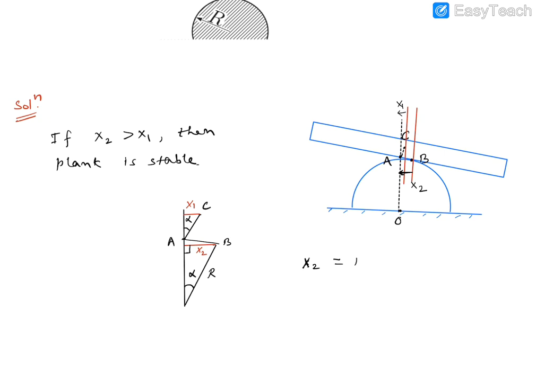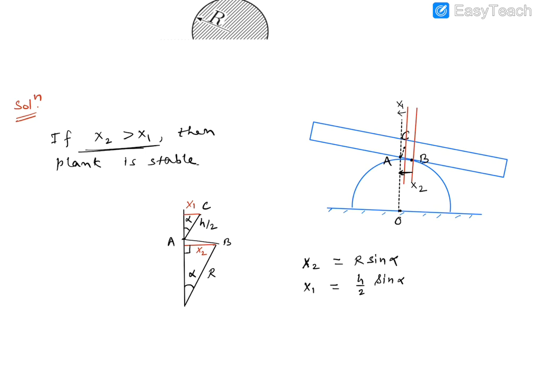So x2 will be r sine alpha. Similarly, the AC distance is known to us, it is the height of the center, so that is h by 2. Therefore x1 is equal to h by 2 sine alpha.